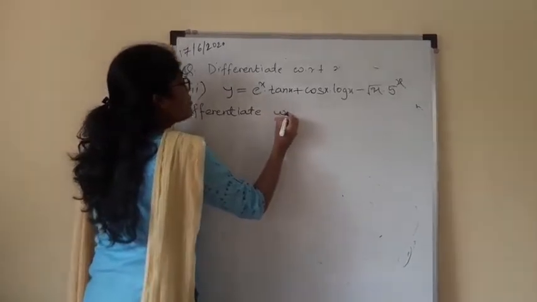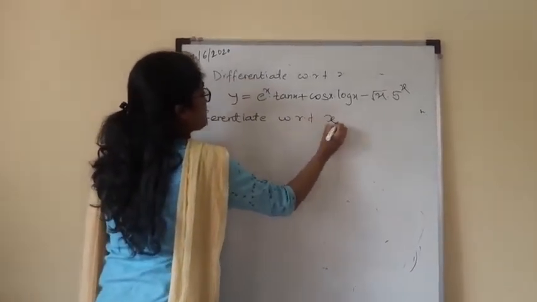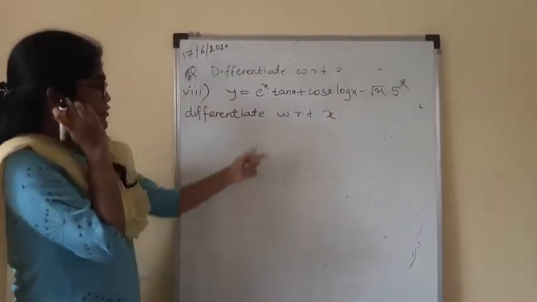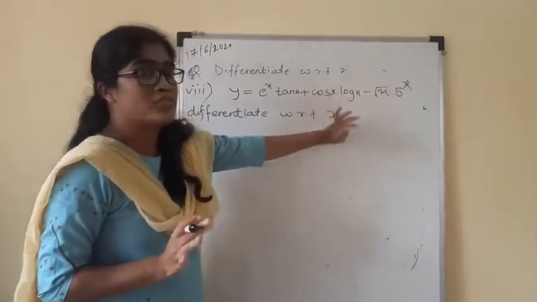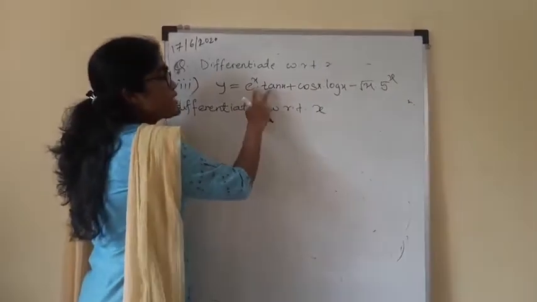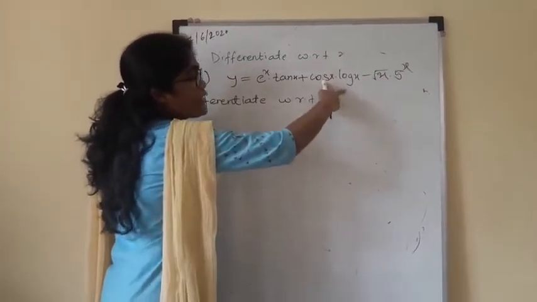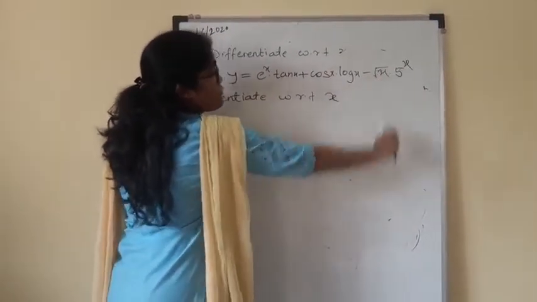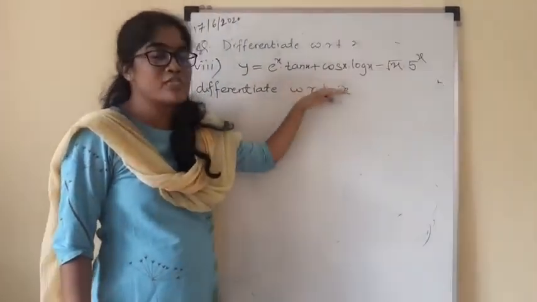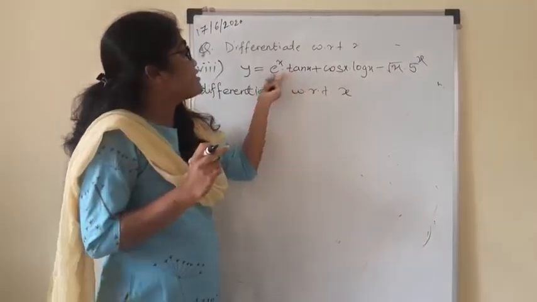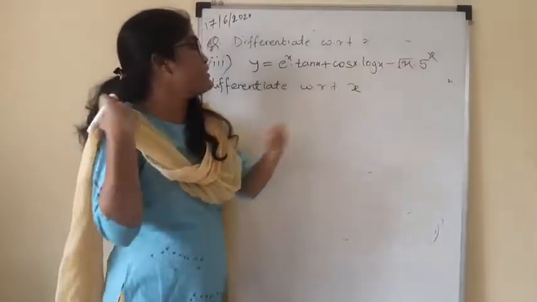with respect to x. Students, see carefully. In this problem we have all these types of functions. Here e raised to x into tan x, here cos x into log x, and here root x into 5 raised to x. There is addition and subtraction between these functions, but there is also a product in between these functions.